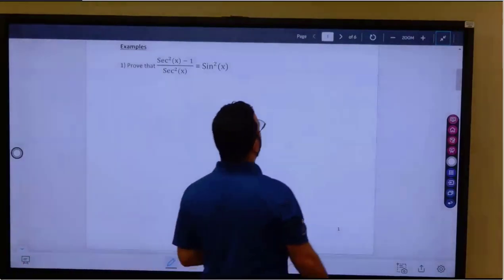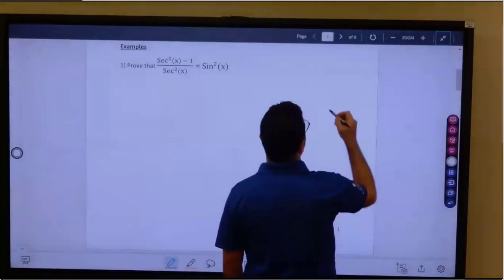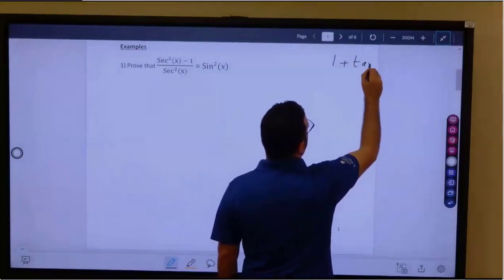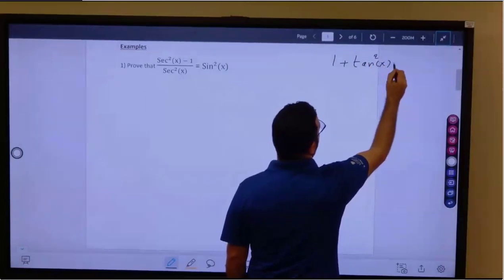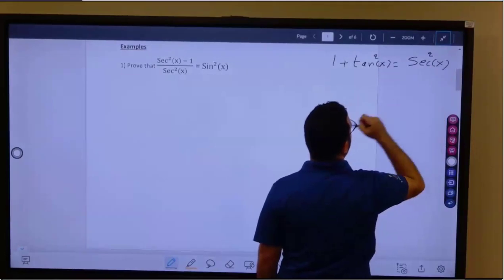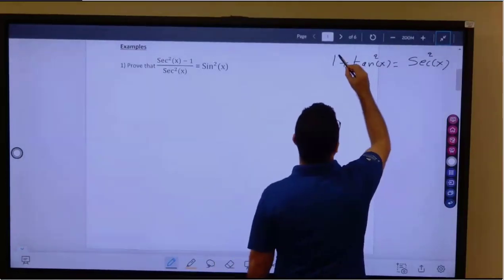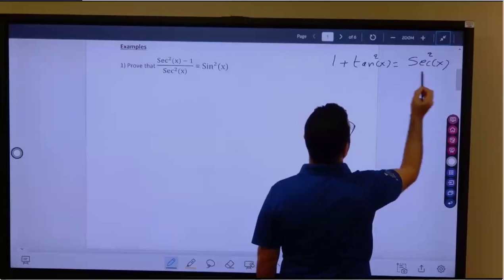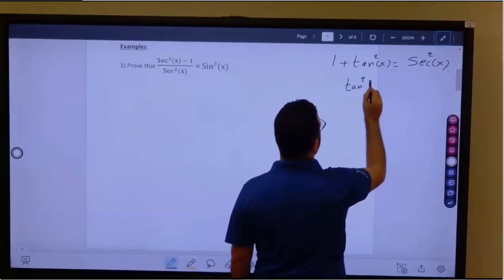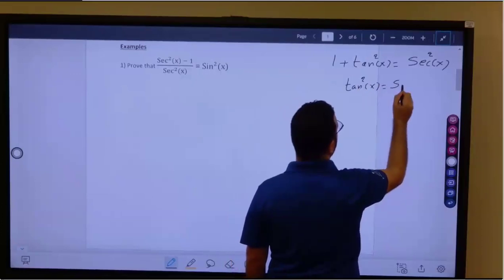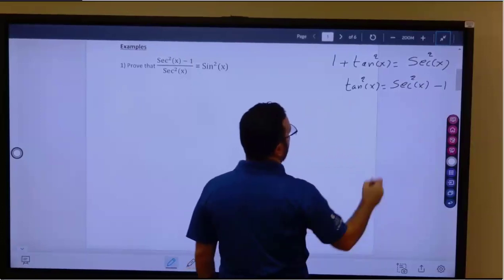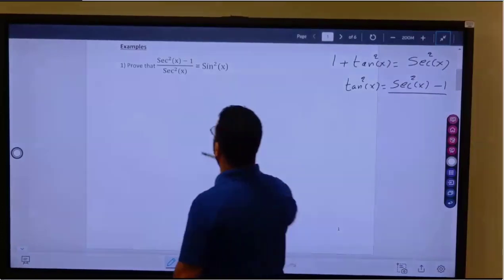If you check the first page of section 7.1, there is an identity that says 1 plus tangent squared x equals secant squared x. That means if I move the 1 to the other side, minus 1 from both sides, we're gonna get tangent squared x is going to be secant squared x minus 1. This is what we have here.